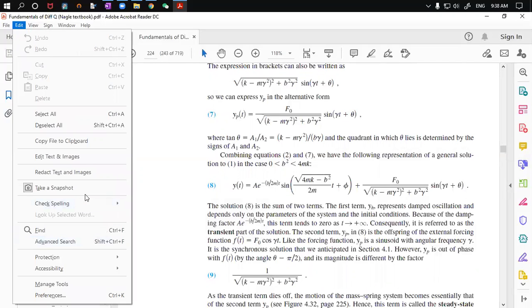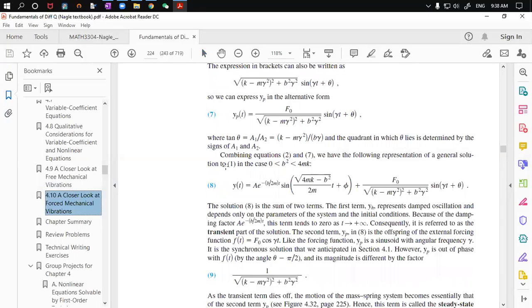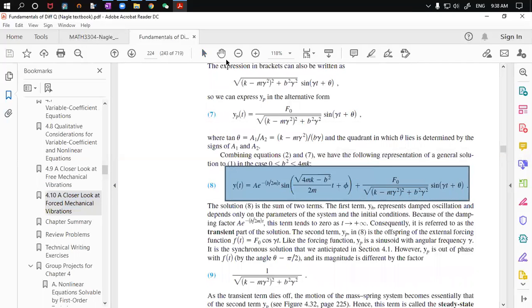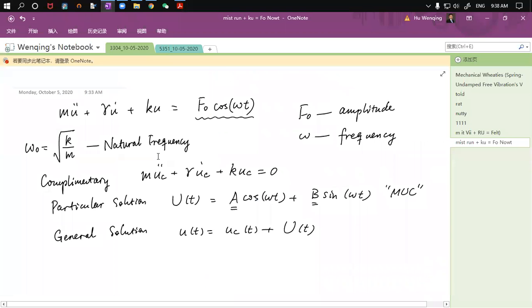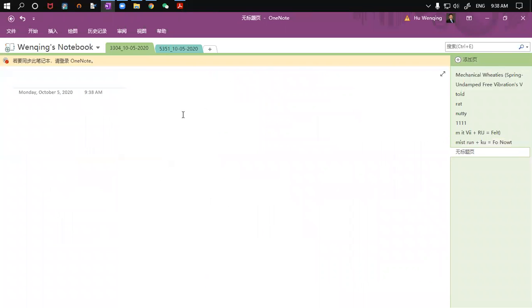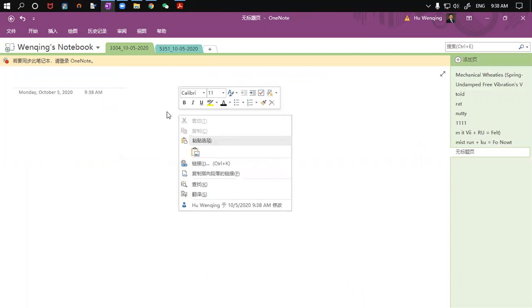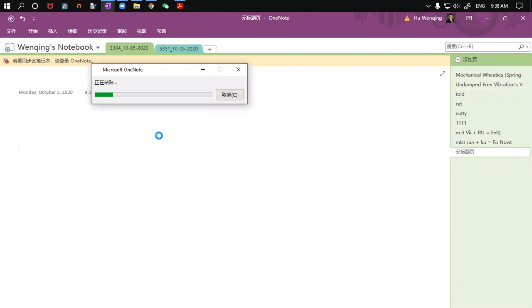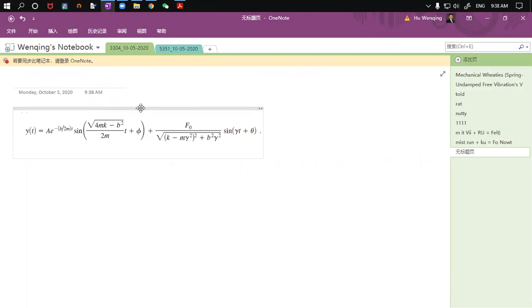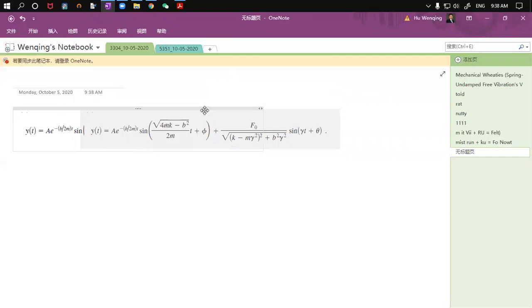So the final solution is going to take such a form. Let me paste it here. So we can paste this picture here. That's going to be the final solution.